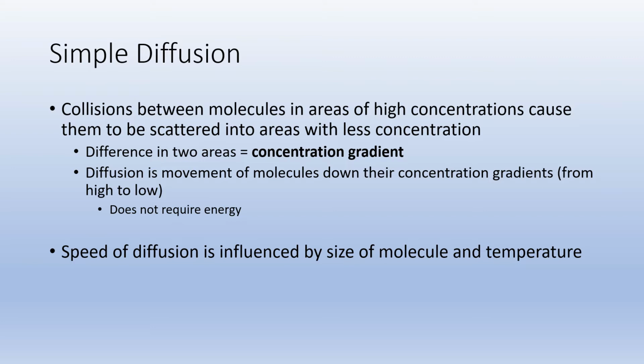The speed at which this process occurs is influenced by several factors, such as the molecular size. Usually, smaller molecules will diffuse more rapidly, and temperature is also another factor. A higher temperature will allow for, again, a more rapid rate of diffusion.